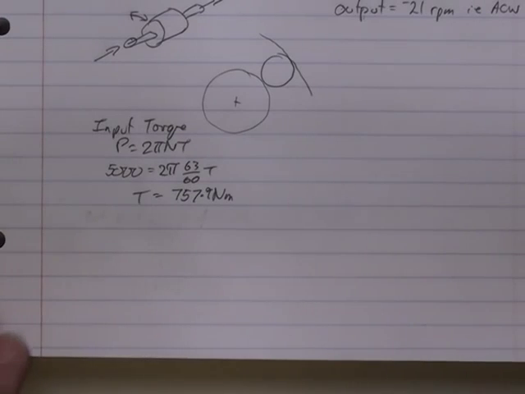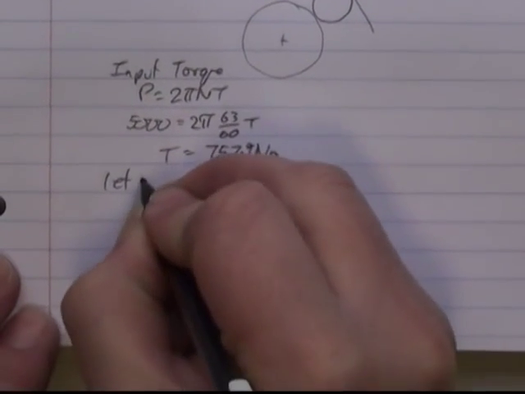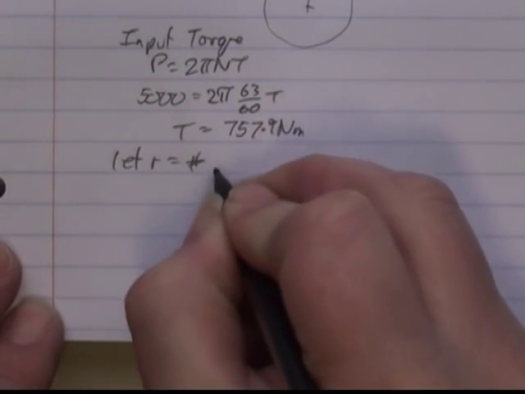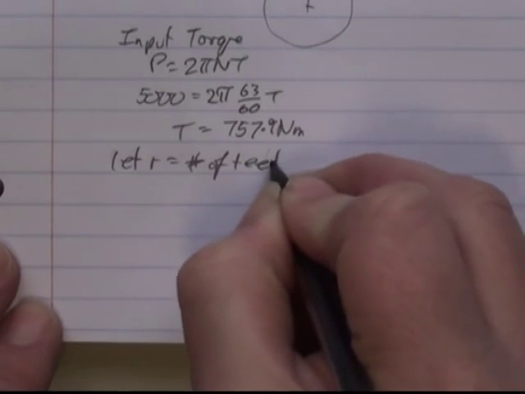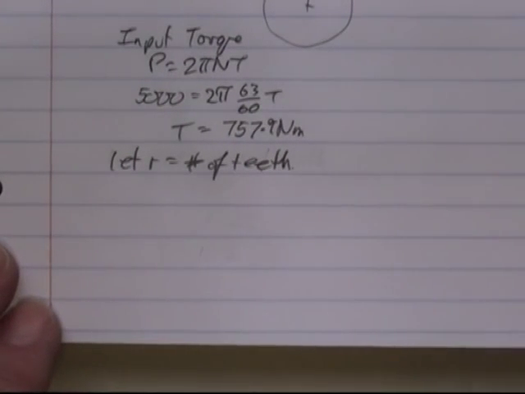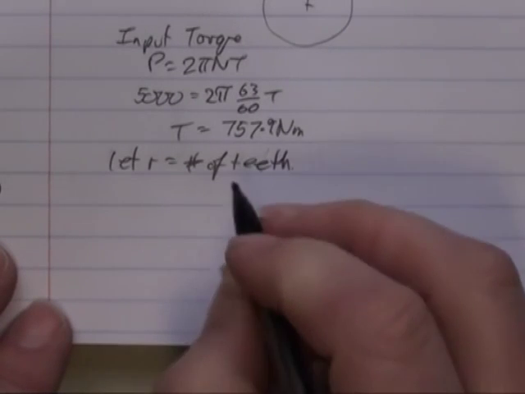Now to work out gear force, we're going to assume that the number of teeth and the radius are the same. So let radius equal number of teeth. Now this assumption will cancel itself back out later.